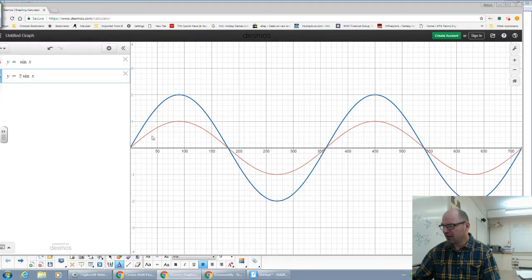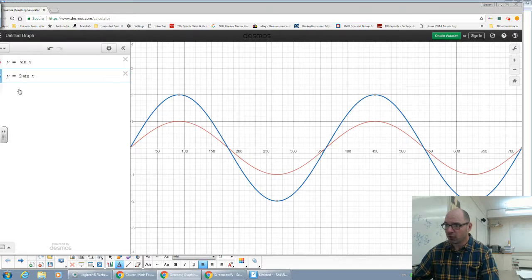As you can see, it didn't change the x-intercepts. It's still 0 where it's 0. It didn't change the maximum and the minimum. It still occurred at 90 and 270. And when we repeat it again, it didn't change how many bumps we have. We have 2 bumps there and 2 troughs there. But it did change the height of the graph.